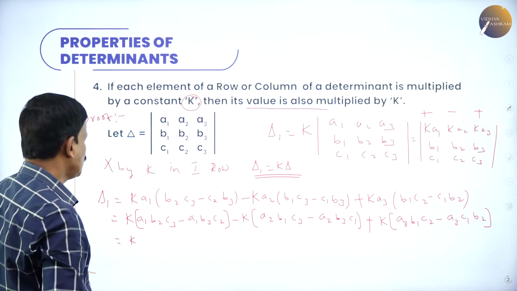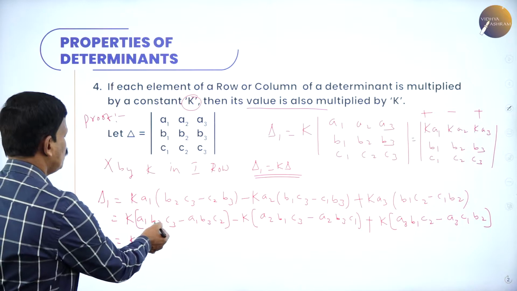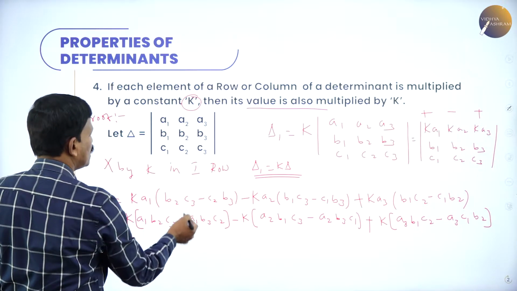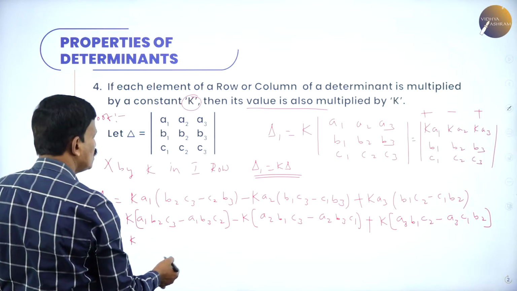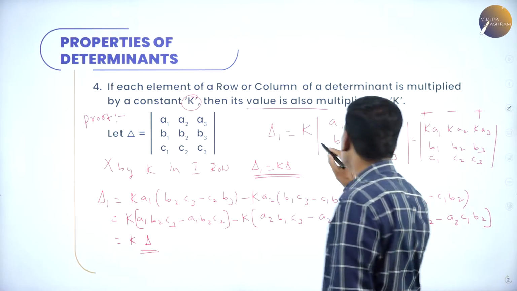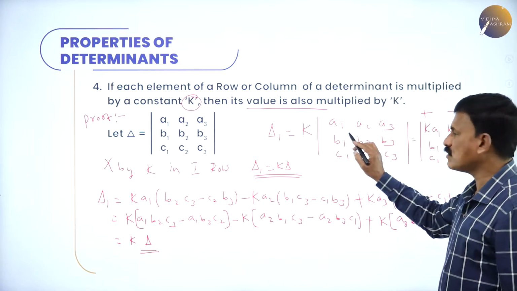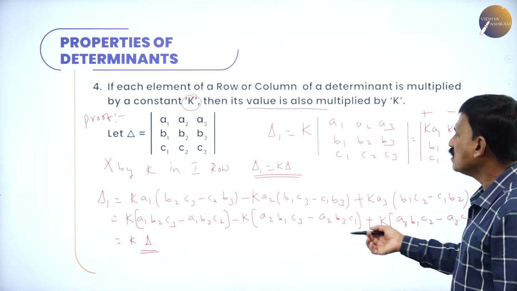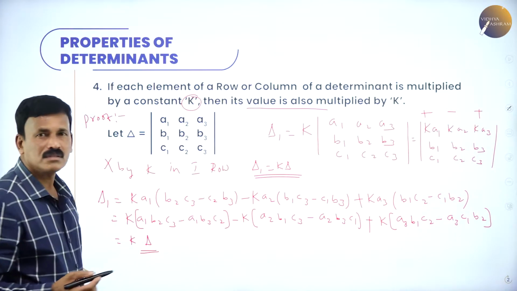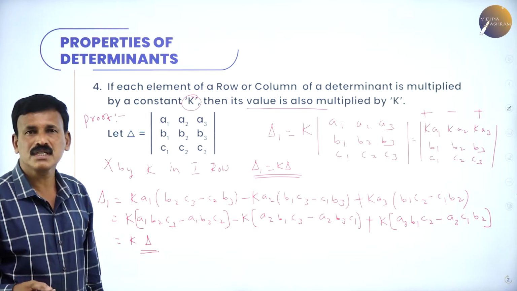If you observe carefully, this is nothing but the expansion of the determinant. So if you multiply any row or any column by a constant k, or just evaluate and multiply by that constant k, you will get the same answer.